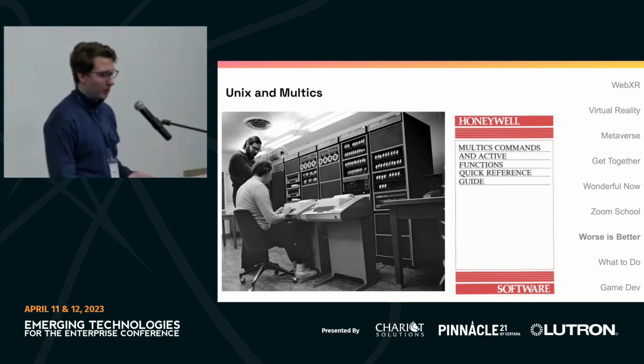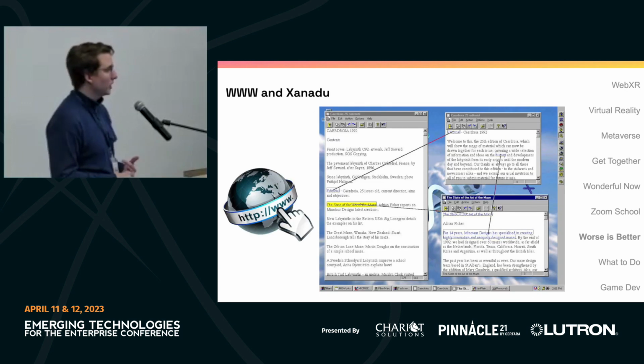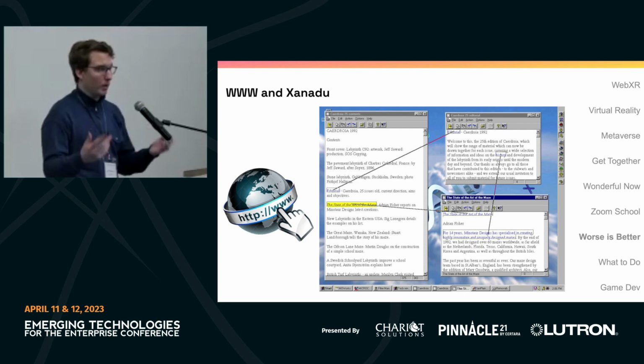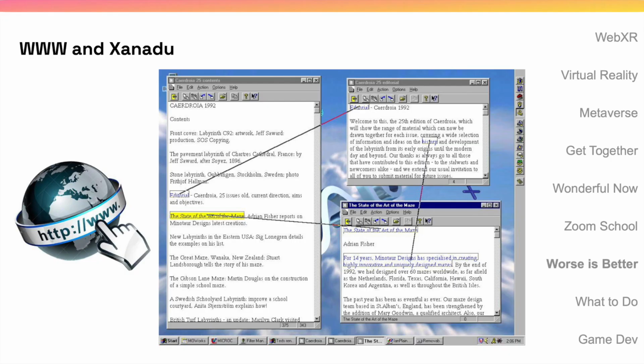The next example I want to talk about is the World Wide Web in contrast to something called Project Xanadu. So the World Wide Web is the web as we know it today, and I'll get to that. But many people are not familiar with Project Xanadu. So Xanadu was invented by Ted Nelson and a few people in his circle. And the idea was, first of all, it came 30 years before the web.